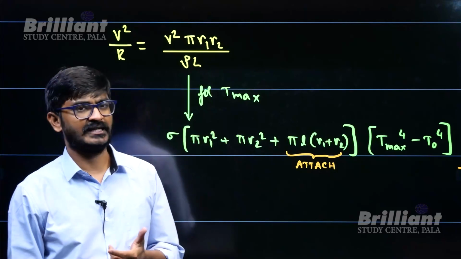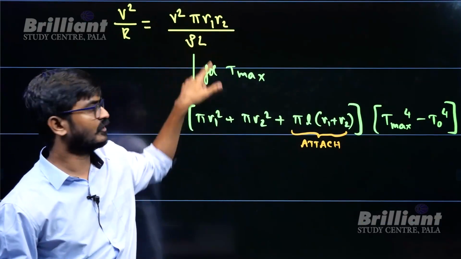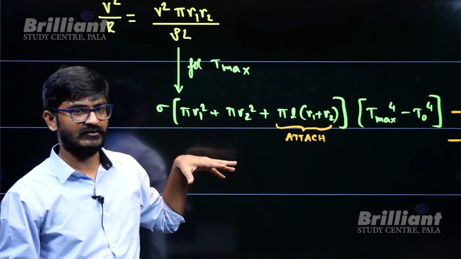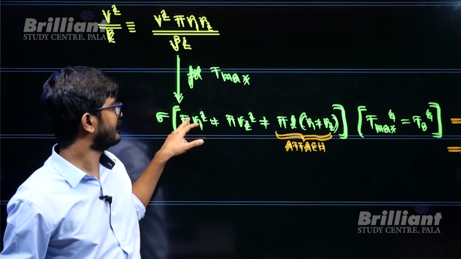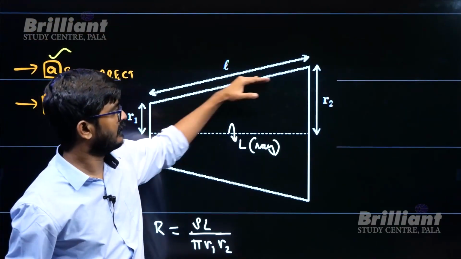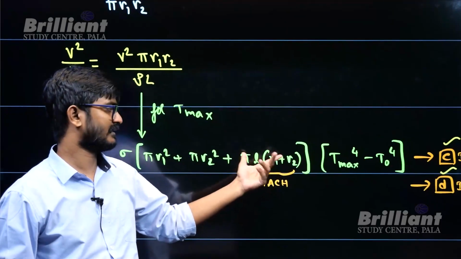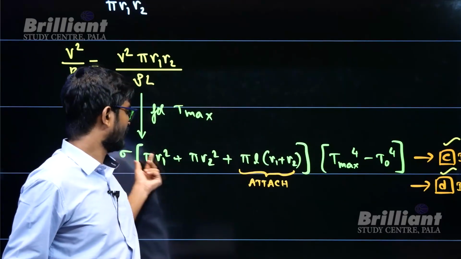So how to find the maximum temperature? The incoming power equals the outgoing power. This is the incoming power. Outgoing power is e sigma A T to the power 4, where A is the area: pi r1 squared, pi r2 squared, and the area of the lateral surface, which will be this much. I thought of attaching why this came, but anyway you can manage.